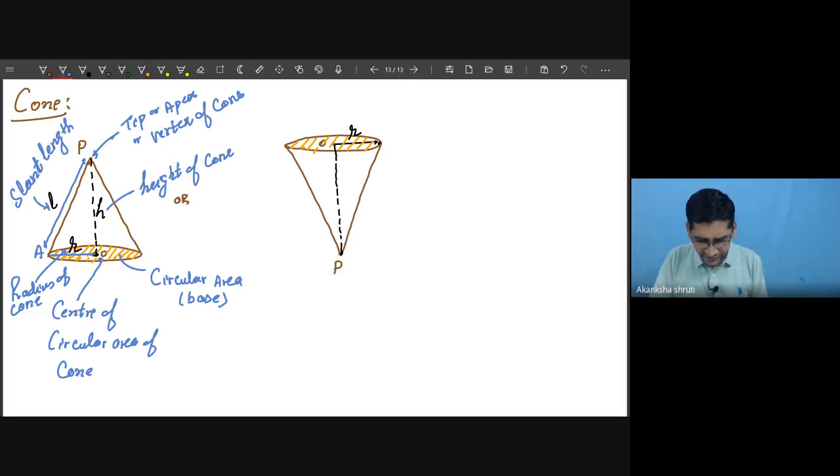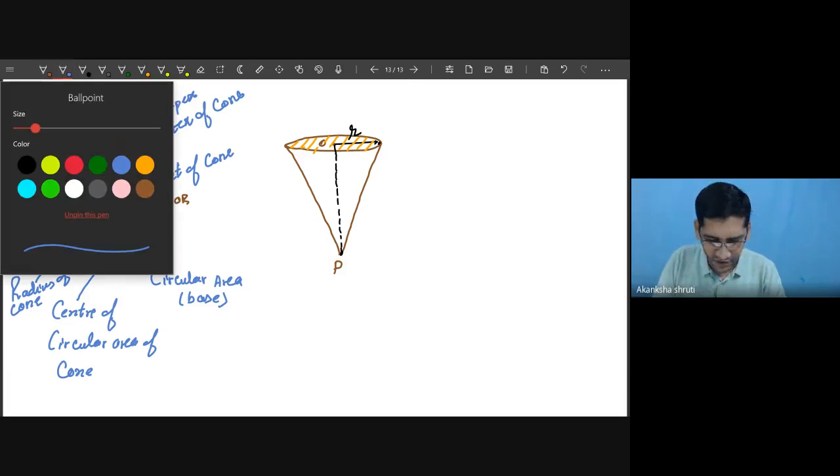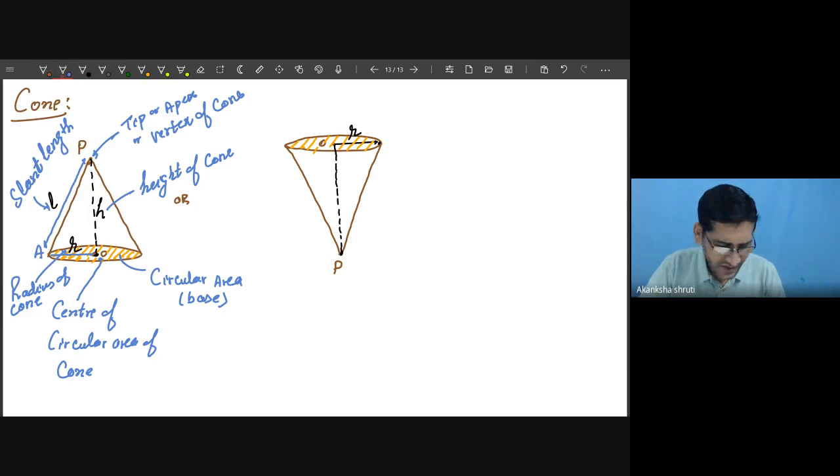In the first figure we have drawn the cone with the base as the circular area. It may be drawn with the bottom as the vertex and the upper one as the circular area, like the ice cream, which is in this shape. The denotation and everything remains the same; whether you draw the cone this way or that way doesn't make any difference.